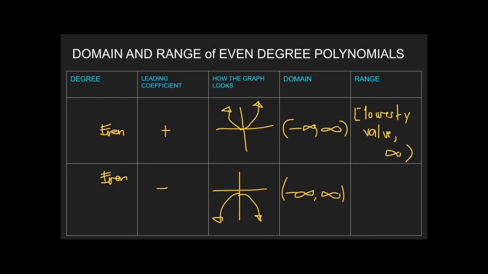In the second case, even degree with a negative leading coefficient, you will always start from the bottom of the graph, that's negative infinity, all the values that are used, and then the partner for this is your highest y value, and you can find that by looking at the local maximum of the given function.